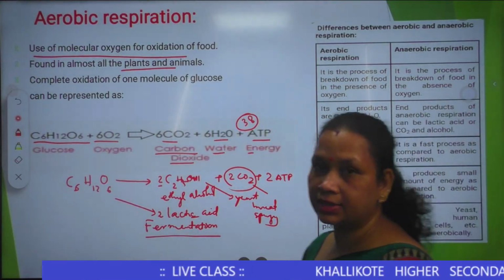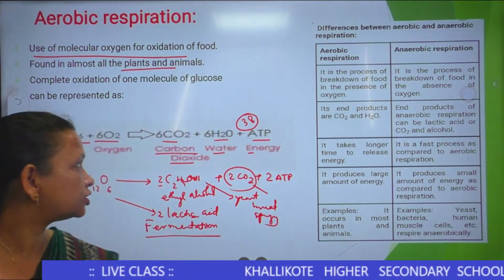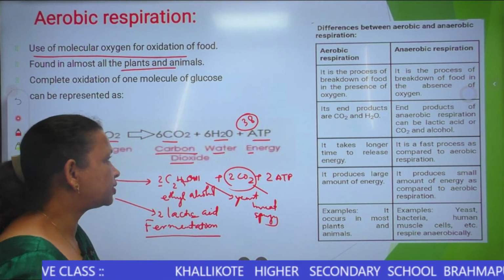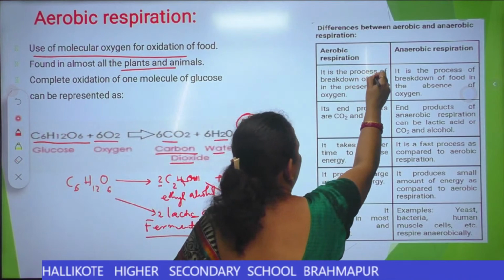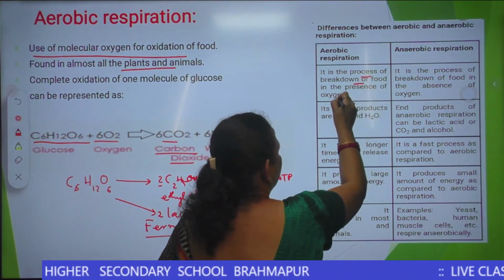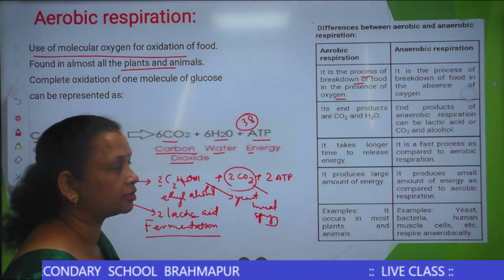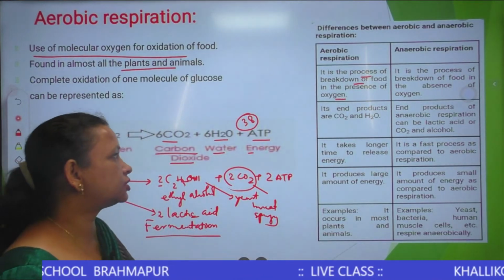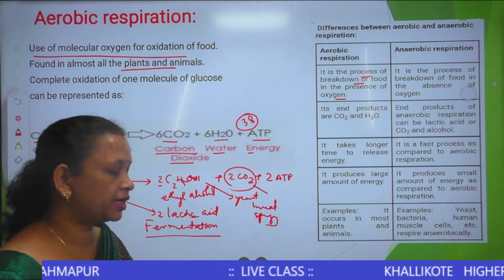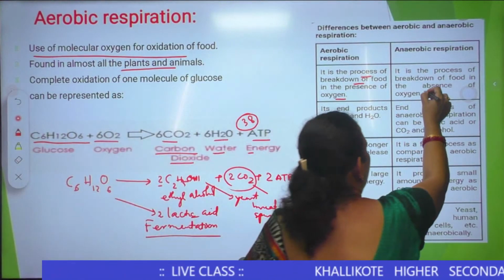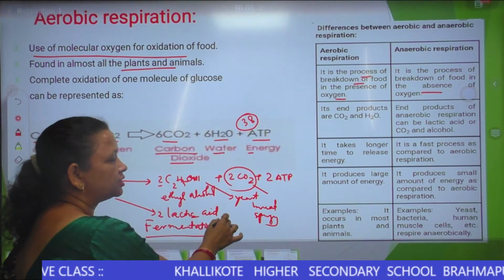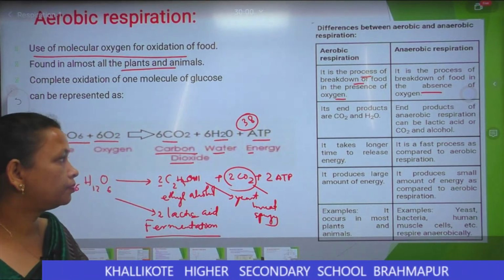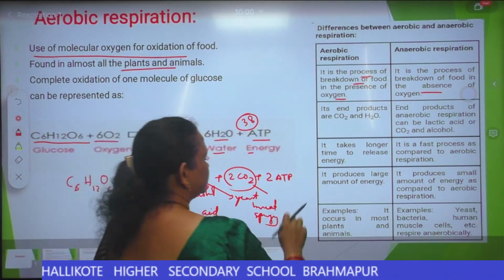So have a look at the aerobic and anaerobic respiration. Aerobic respiration is the process of breakdown of food in presence of oxygen. Anaerobic respiration is the process of breakdown of food in the absence of oxygen. So, this is aerobic and this is anaerobic. What are the end products?